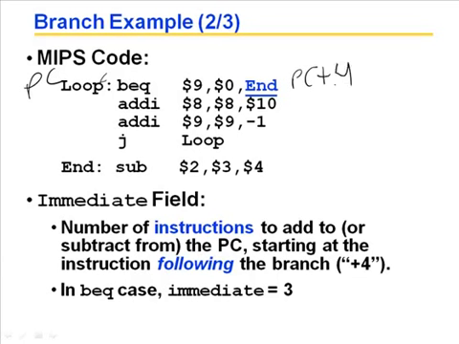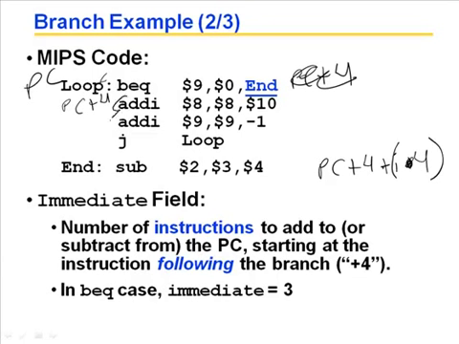So the program counter is going to point to the beginning of the loop. Program counter plus 4 essentially points to this add. So we know the way that this works is it's going to have PC plus 4, plus immediate times 4, right, for the immediate field.